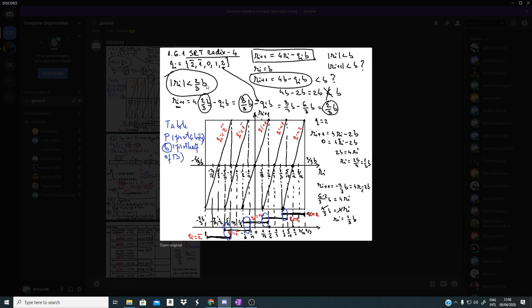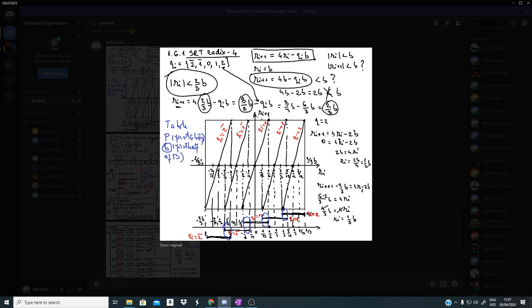B being, of course, the divisor. So yeah, this is how we pick these quotient digits, and of course we want to favor the situation where the quotient digit is 0, right? That's because it means better performance.